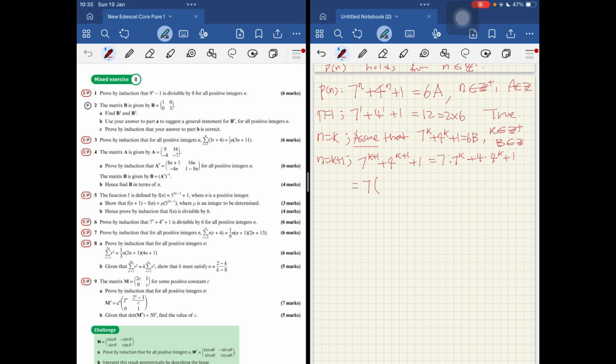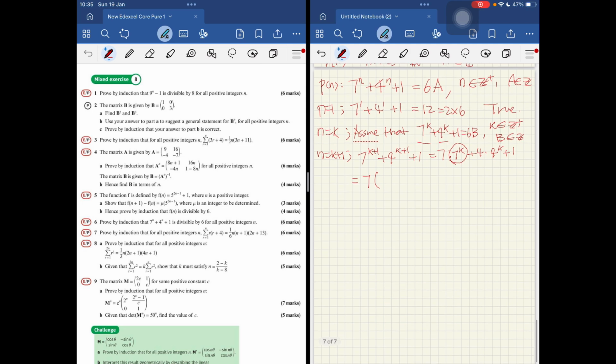My approach is I change the most complex one. Among those expressions like 7^k and 4^k, I select 7^k. So instead of 7^k, I put 6b minus 4^k minus 1, plus 4 times 4^k plus 1.